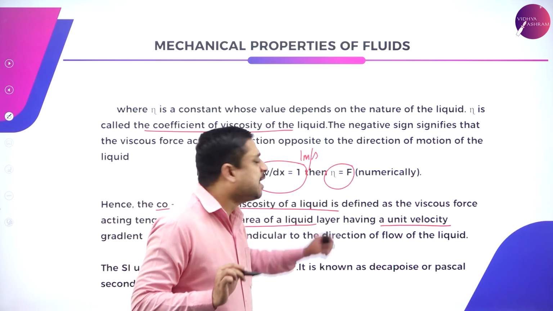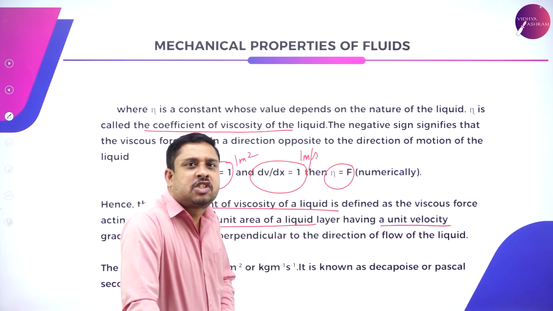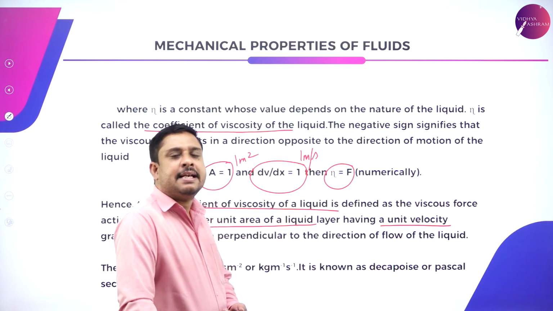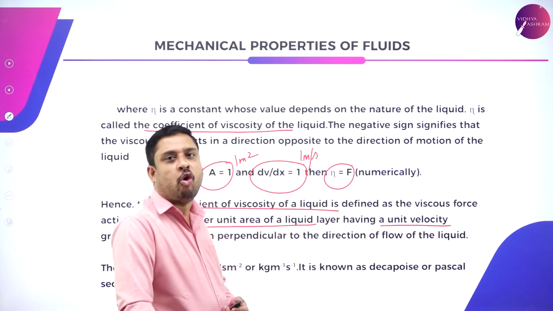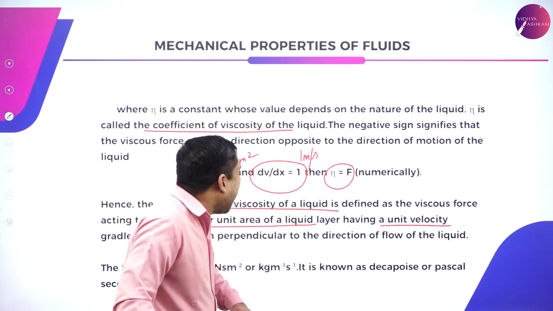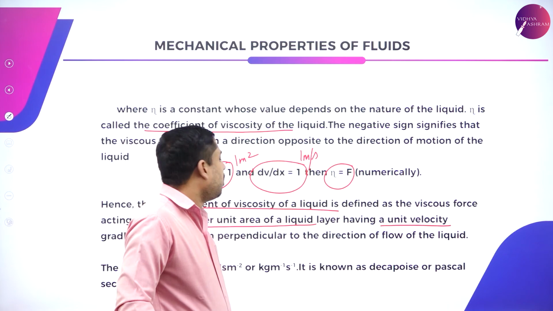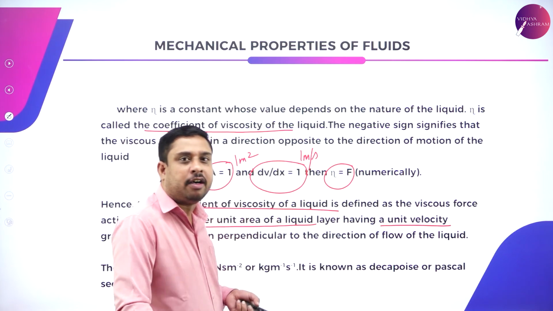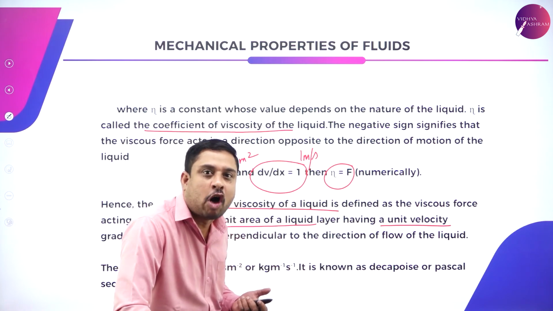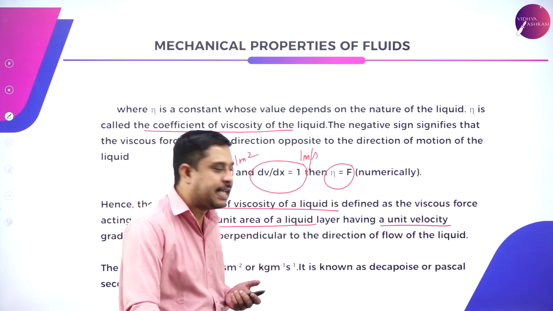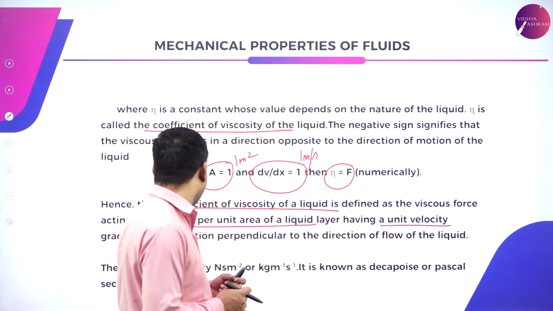So eta is nothing but F. Coefficient of viscosity is nothing but the tangential force which acts on a liquid of unit area moving with a velocity gradient of 1 meter per second, perpendicular to the direction of flow.